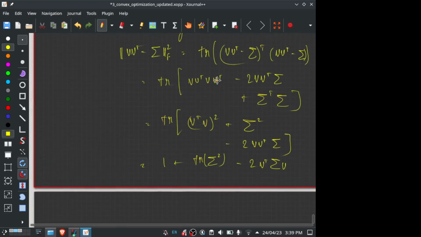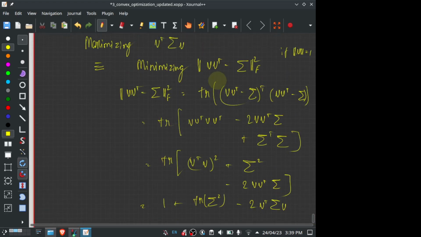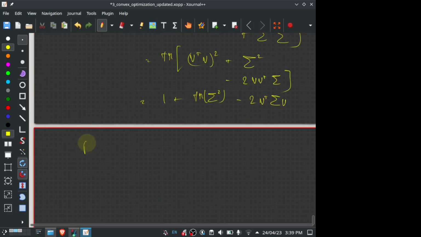Okay, so my goal is again to minimize this particular quantity, which is minimize the Frobenius norm of V V transpose minus sigma, subject to the constraint that norm V equal to 1. This is still the problem that we have.